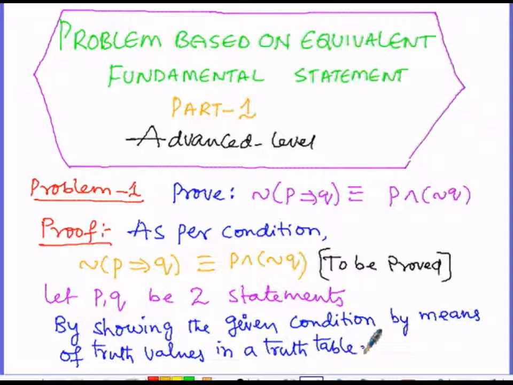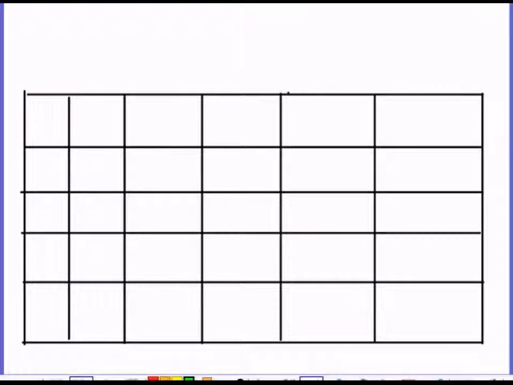Then now the next logical step is the truth table in which the condition to be proved is the negation of P implies Q is identically equal to P and negation Q. So this is to be proved.